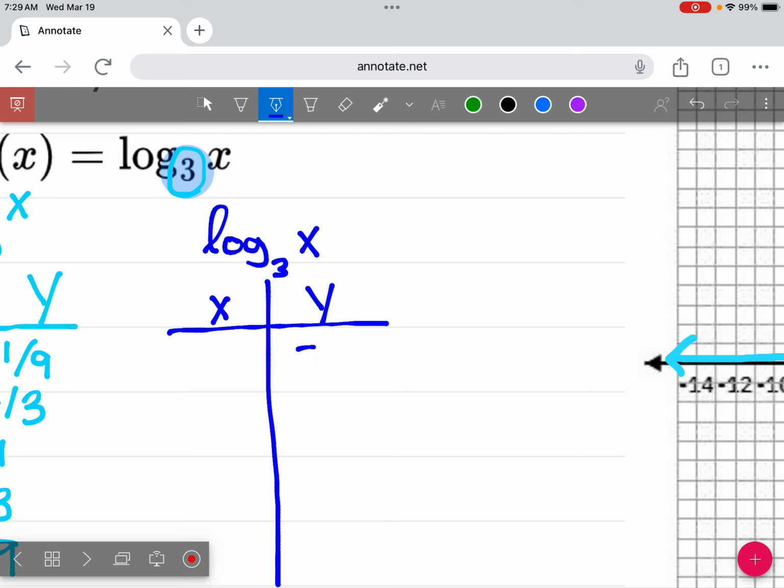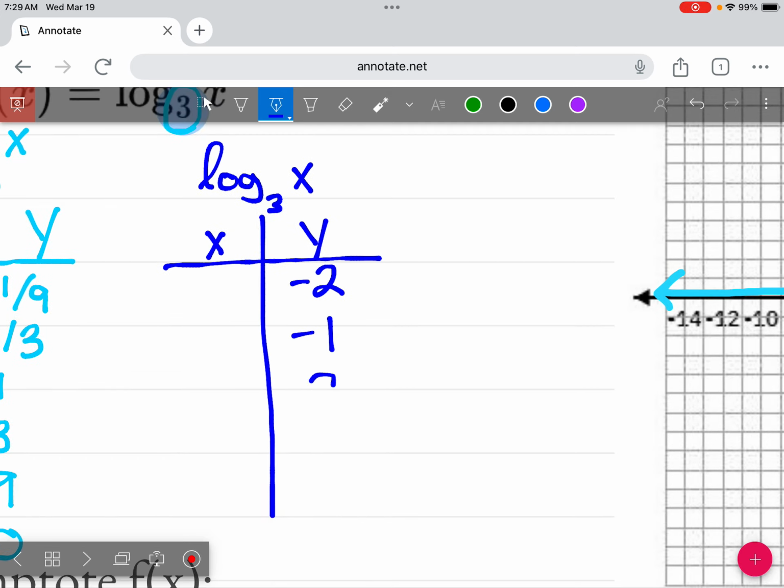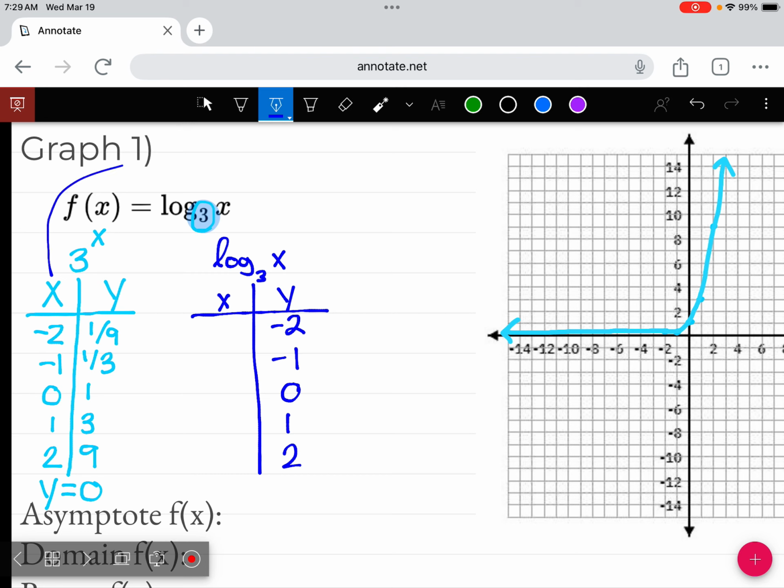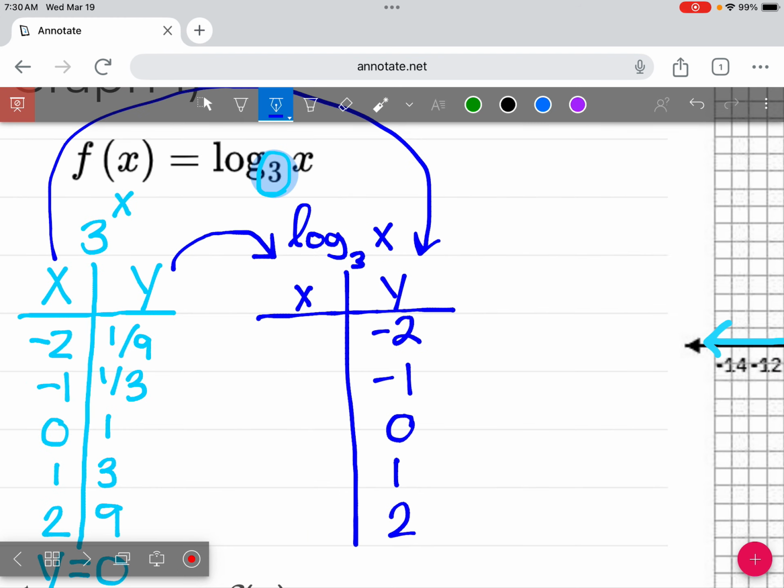So my y's are going to be our -2, -1, 0, 1, and 2. And also what was the y becomes the x.